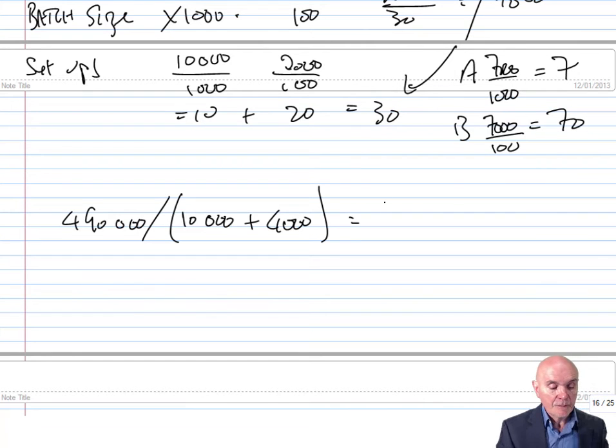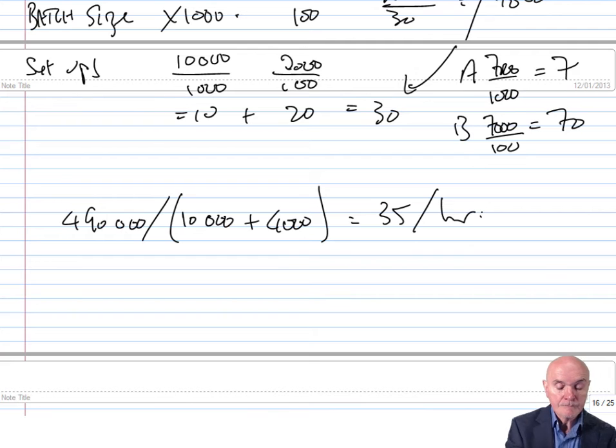So the fixed overhead absorption rate for the rest of the fixed costs that haven't been separately identified with a cost driver or cost causer, it's going to be 490,000 divided by 14,000 is 35. 35 per hour. Okay.